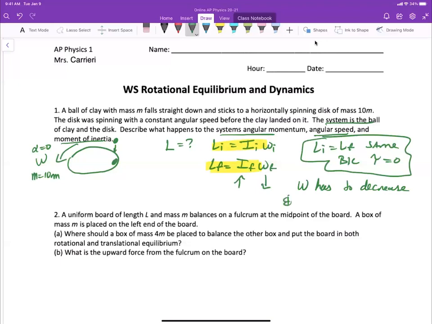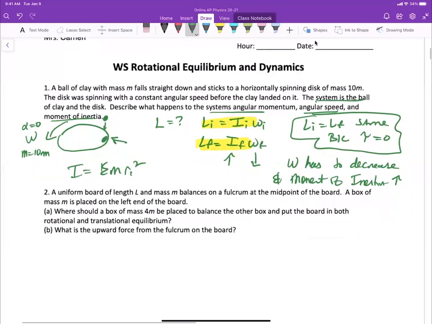And the moment of inertia went up. Why did the moment of inertia go up? Because I added mass to the spinning disk, because I was equal to the sum of all the masses times their location squared. And we now have a piece of clay on the edge of the disk.